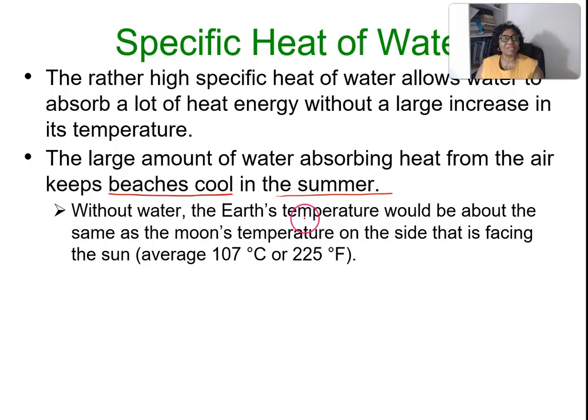Without water, the Earth's temperature would be about the same as that of the Moon on the side facing the sun, about 0.7 degrees Celsius or 227 Fahrenheit. That's high. Nothing can survive there.